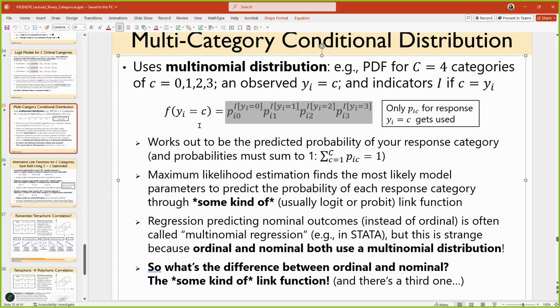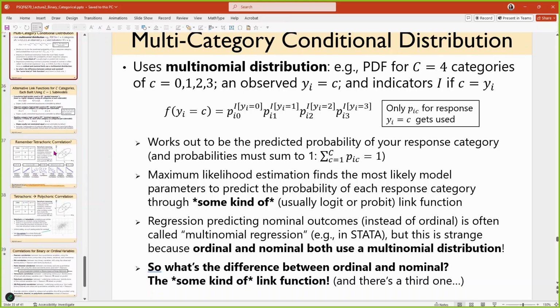When we switch out the link function to baseline category, we're still using a multinomial distribution. So the terminology is unnecessarily confusing. Regardless of what model you're fitting to your categorical data, you're using the multinomial distribution to do it.